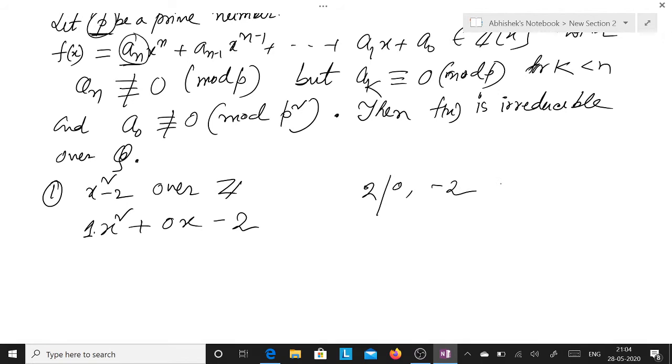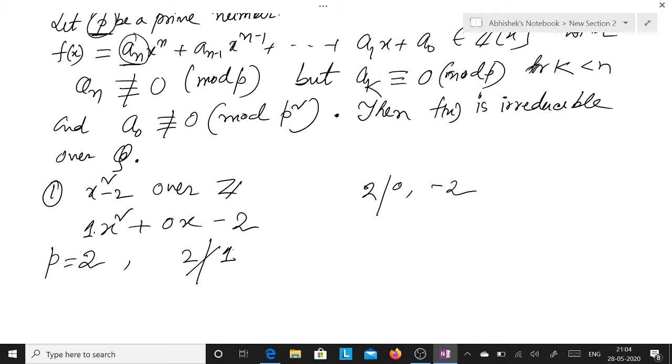So this is your first choice of prime, p may be taken as 2. The prime is 2. And if you choose this prime, it will work for the leading one also, that is, 2 will not divide 1. So the first two conditions have been satisfied by this prime.